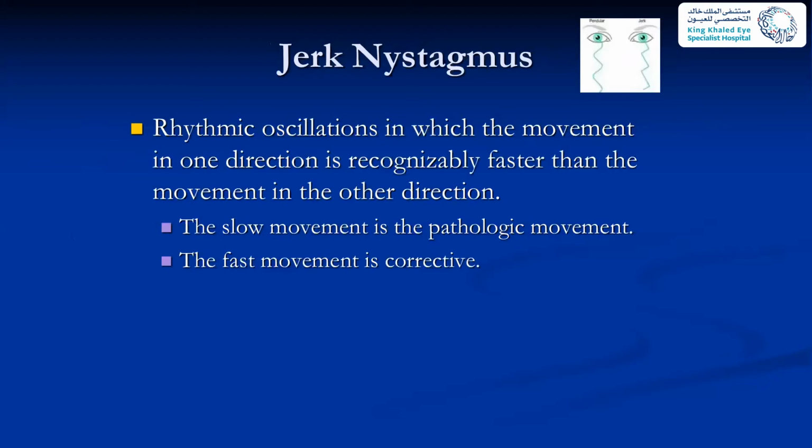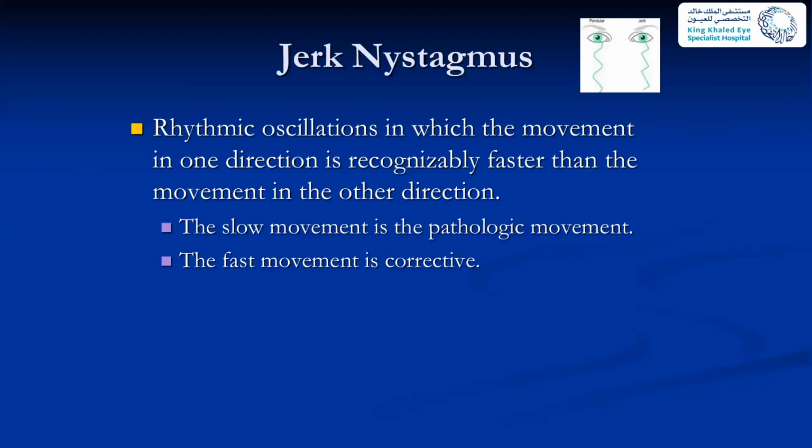While jerk nystagmus is a rhythmic oscillation in which the movement in one direction is recognizably faster than the movement in the other direction. So when you see it, you see it moving to one side quickly and returning slowly.